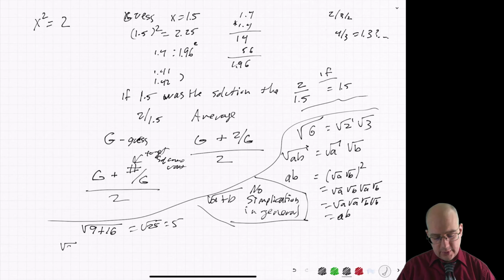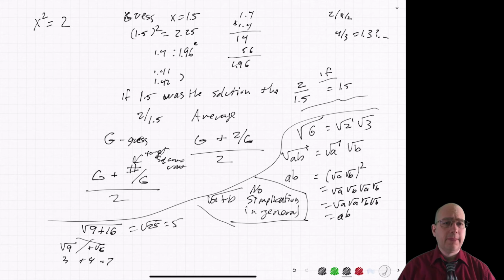And if you were to somehow break this up, this is 3 and 4, which is 7, right? So that just doesn't work. And if you wanted to try some other crazy ideas, hey, try yourself out. I'm telling you, there's nothing that easy to do.